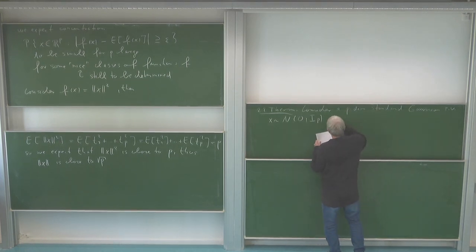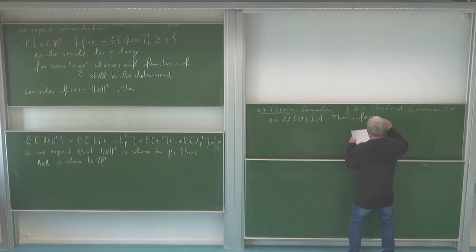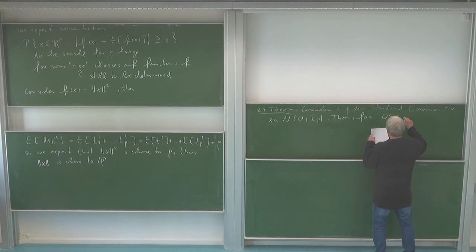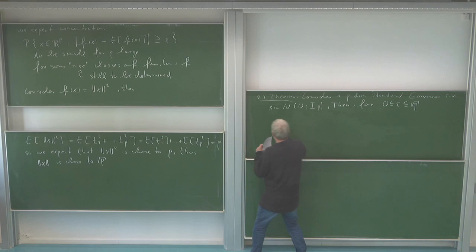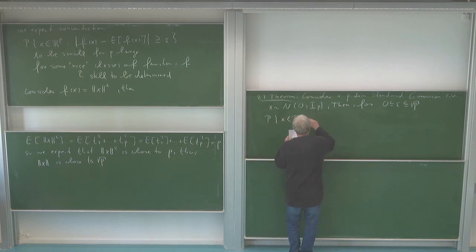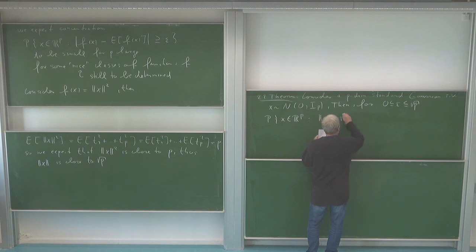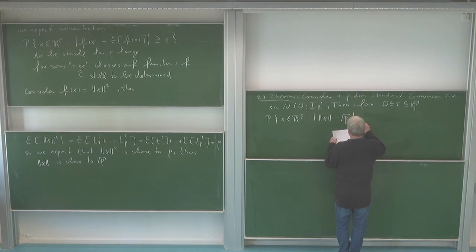Then I'm claiming that for an epsilon between 0 and square root of P, I want the probability of the vectors in R to the P for which the length is not close to the square root of P. So the distance between the length of the vector and the square root of P should be bigger than epsilon.